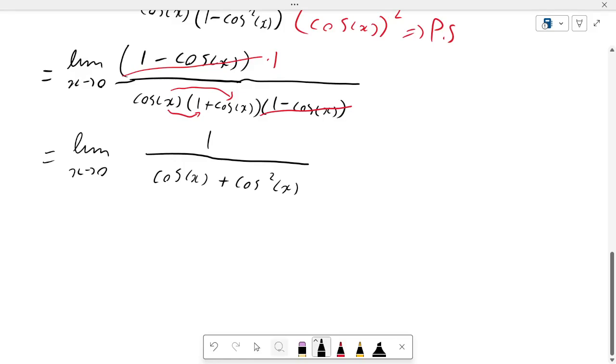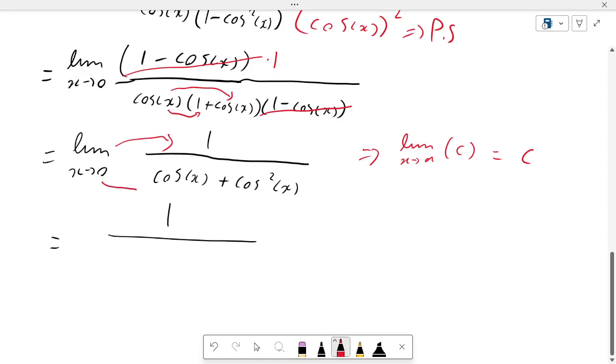Now, let's take the limit in. If we take the limit into a constant, the constant will stay exactly the same, because we know our rule: the limit as x approaches a of a constant is just equal to the constant. So we're going to have 1 as the numerator, and then we take this limit into these trig ratios here.